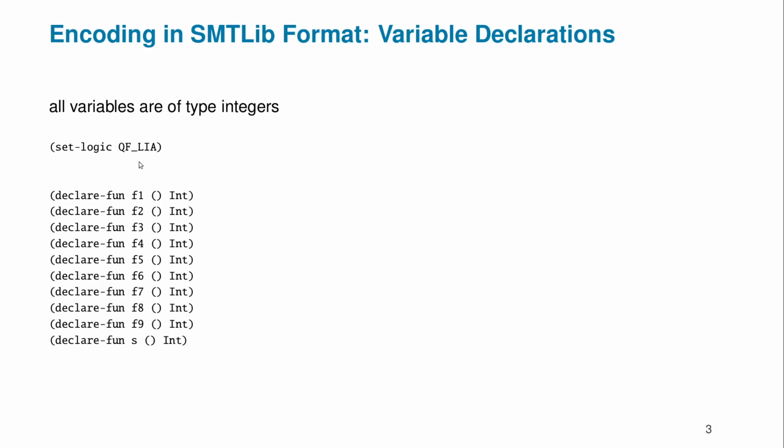First of all we have to declare the variables, f1 to f9 and s, and we say they are just integers. Here we could also give the types of parameters. This is necessary if we declare functions, but we just have constant symbols, and therefore we do not have to give any arguments here.